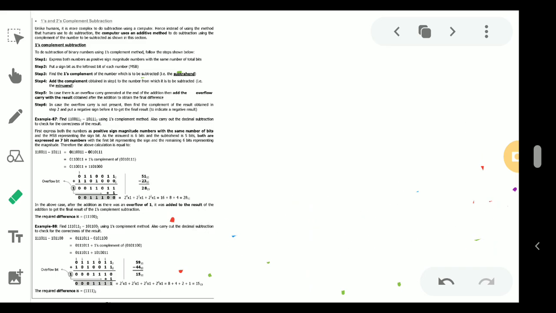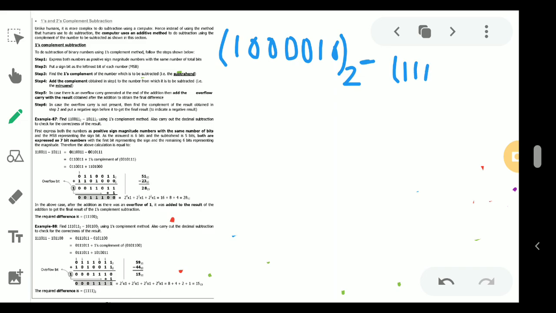Okay, so let's take the question that is given. 1 0 0 0 0 1 0 base 2 minus 1 1 1 1 0 0 base 2.